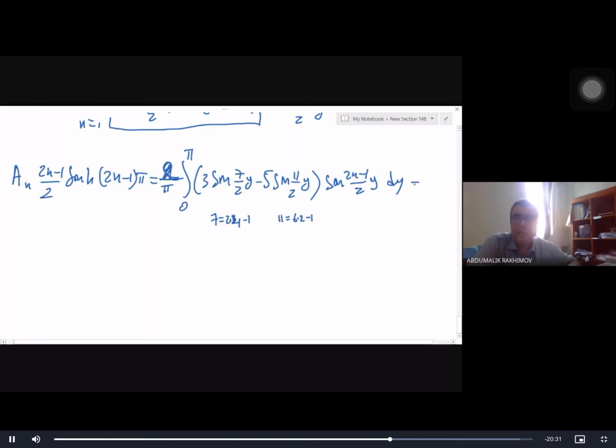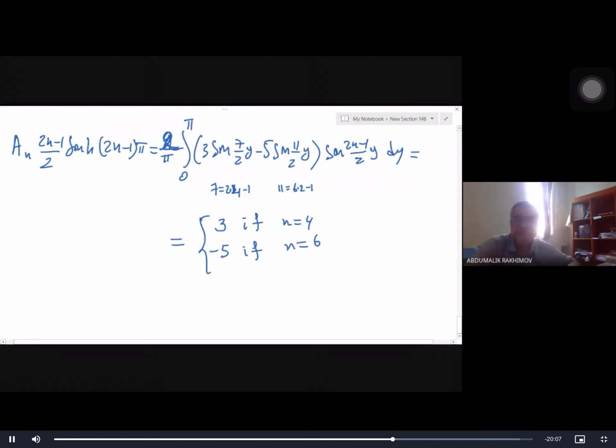Using orthogonality, you can verify that it will be equal to 3 if n equals 4, and equal to minus 5 if n equals 6, and 0 otherwise. So only two coefficients are not 0: coefficient number 4, equal to 3, and coefficient number 6, equal to minus 5.